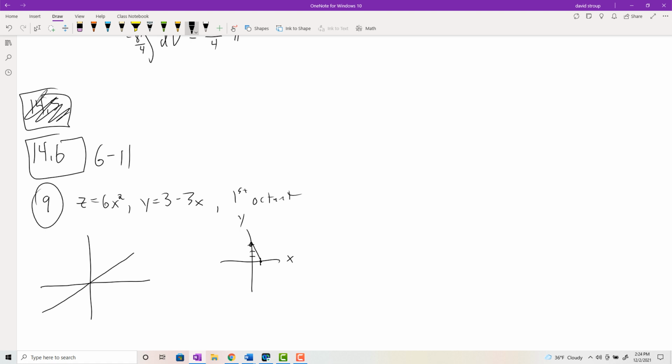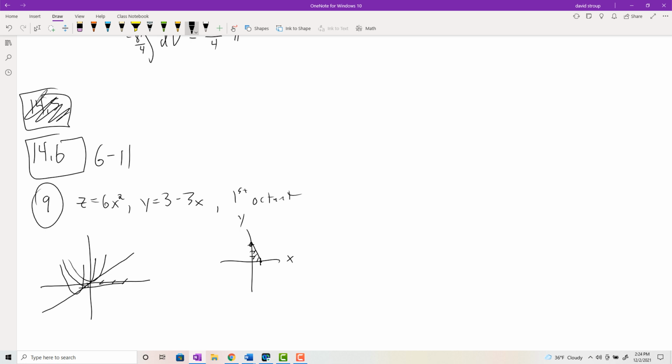So it's this region we're integrating over. So in xyz space, I'm integrating over this region, and the object I'm finding the volume under is kind of a parabolic cylinder, if you will. It's kind of like this thing.